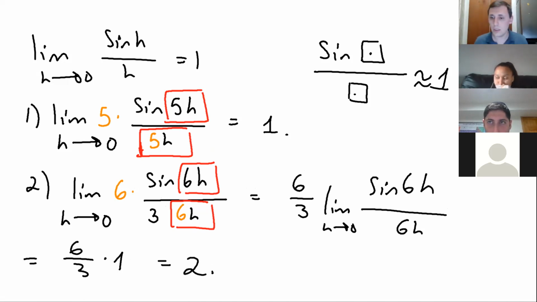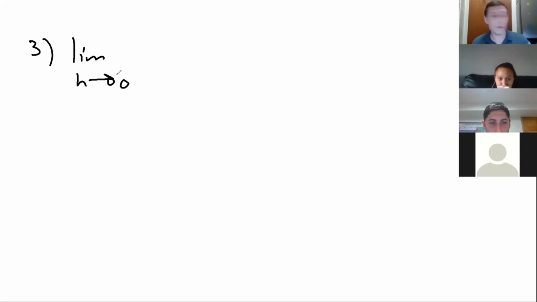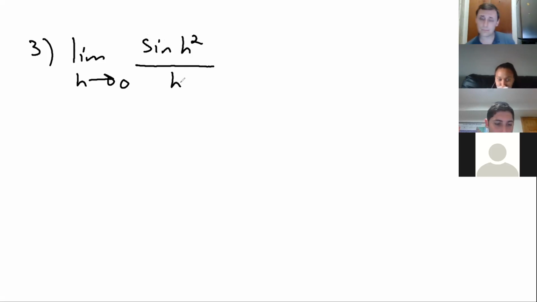It's equal to 2. Just to be sure, tell me, please, what is the limit as h goes to 0 of sine of h squared divided by h? What's happening now? Well, there is no h, guys.